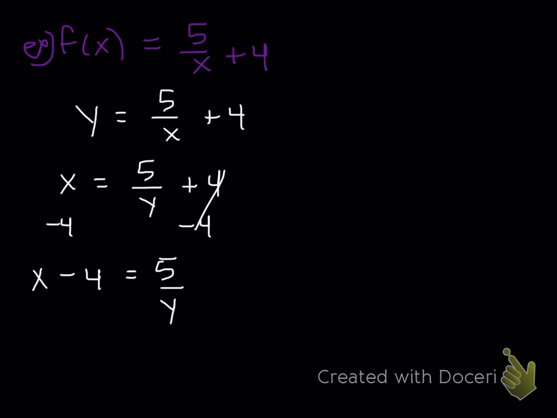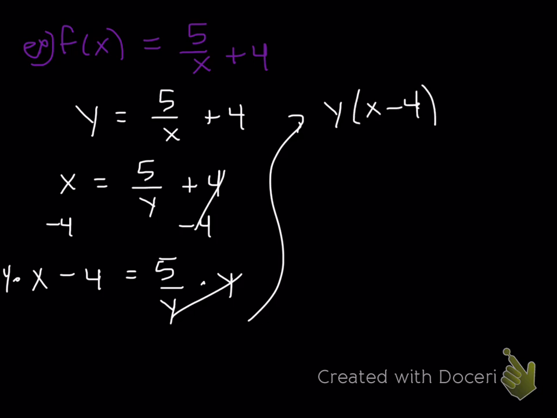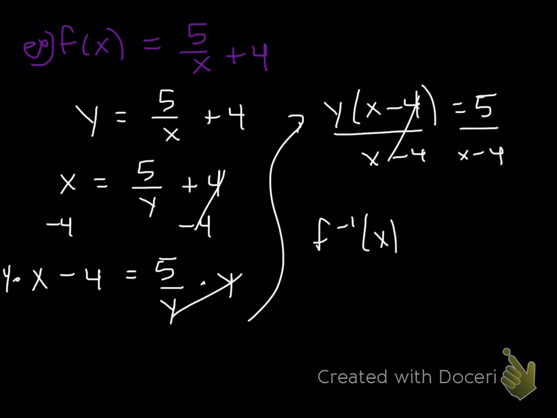And then to solve for y, I'm going to multiply both sides by y. Now, I don't want to distribute the y in because the goal is to isolate y, so I don't want to put y in two different spots. So I'm going to keep it like this. And now to solve for y, I'm going to divide both sides by this x minus 4. So my inverse of f is equal to 5 over x minus 4.